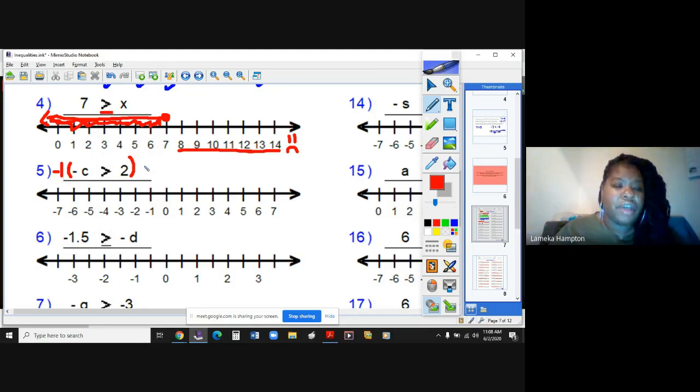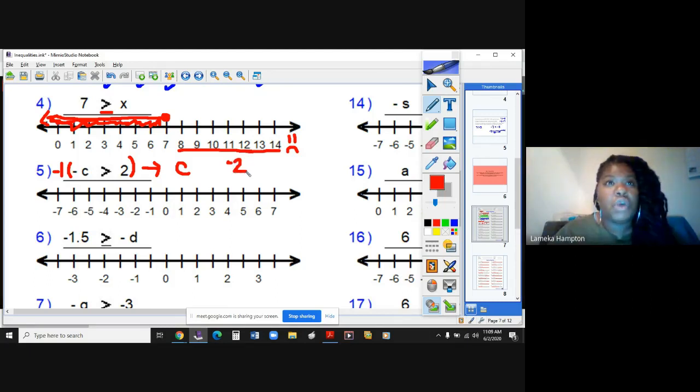So when I do that, oh, this looks familiar. It kind of looks like the distributive property. So you keep that in mind as well. So when I multiply -1 times -c, I am now going to have c. C is now positive. When I multiply -1 times a +2, that is going to give me a -2.